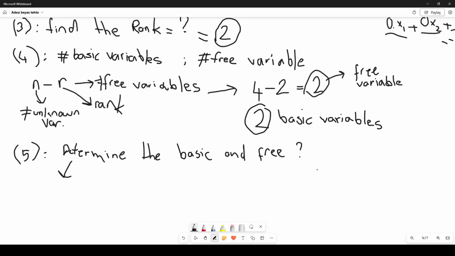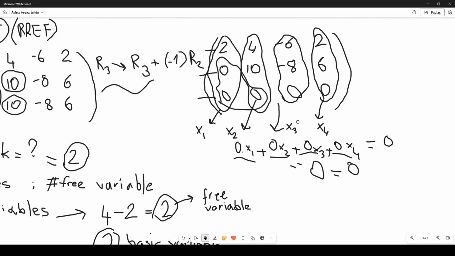A basic column is nothing but a column that includes a pivotal position. Here in our example, in the row echelon form, we have the first and second columns as the basic columns, since we have the pivotal positions in those columns. And we have two non-basic columns, the third and fourth columns.